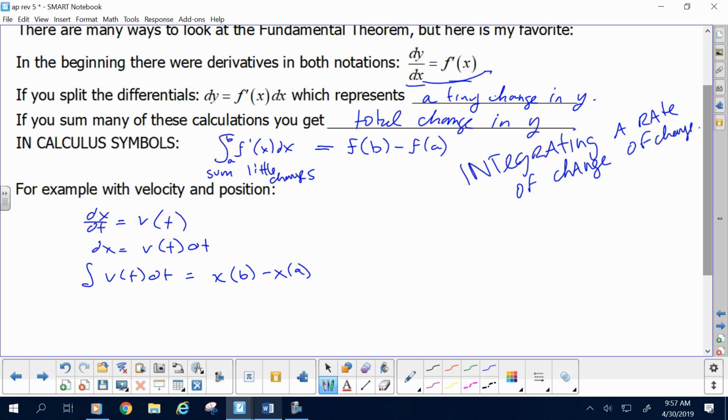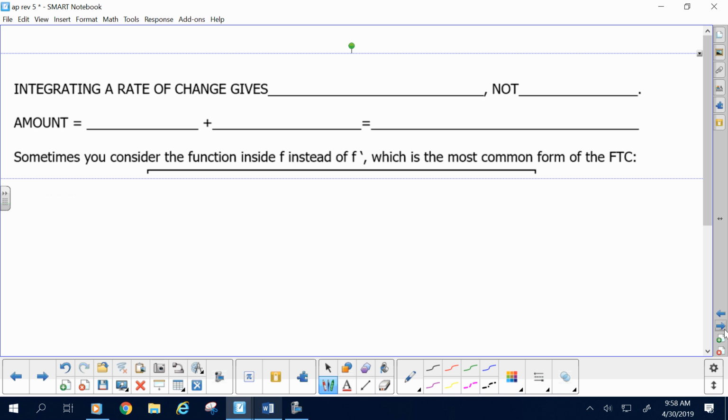All right? Now then, if we, oh shucks, I already had this here. Integrating a rate of change gives amount of change, not amount. Okay? If you want amount, then you have to consider two things. How much did it change and where did it start at?